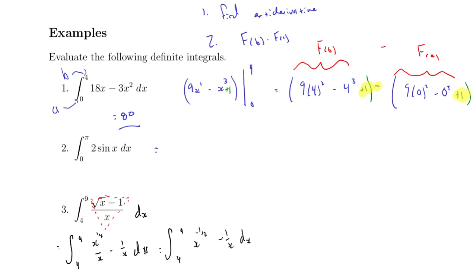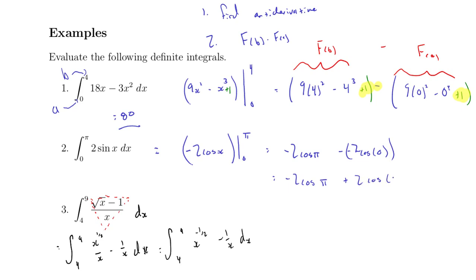All right, so hopefully we can see our antiderivative of 2 sine of x. We can use negative 2 cosine of x, and we'll evaluate this from 0 to pi, which is negative 2 cosine pi minus negative 2 cosine 0. So we've got negative 2 cosine pi plus 2 cosine 0.